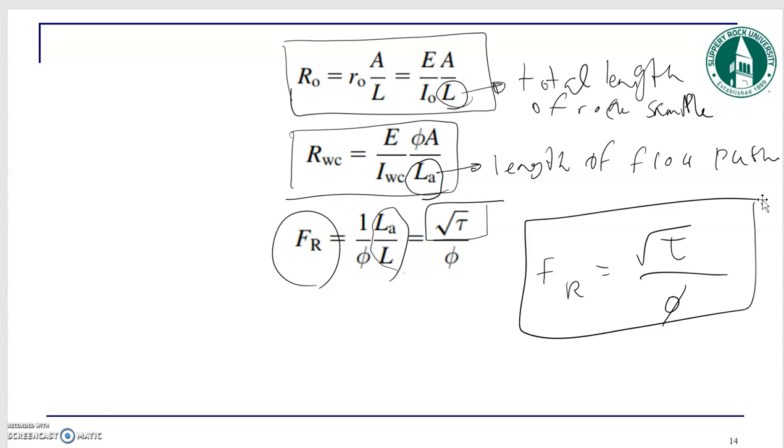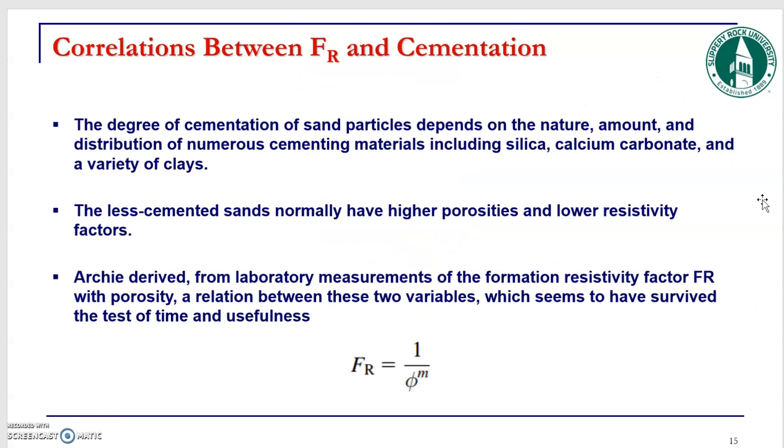So people have tried to derive experimental equations, and the general format of this equation has been proposed by many researchers. One of these equations is the Archie equation. You can see it here at the bottom.